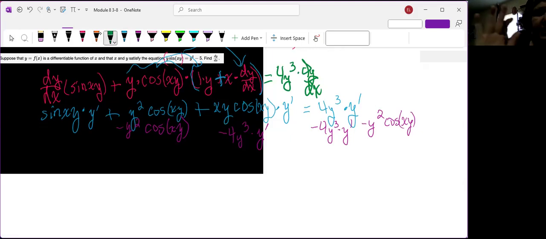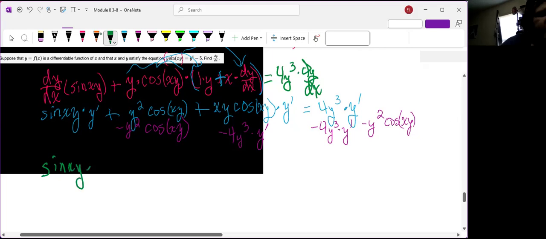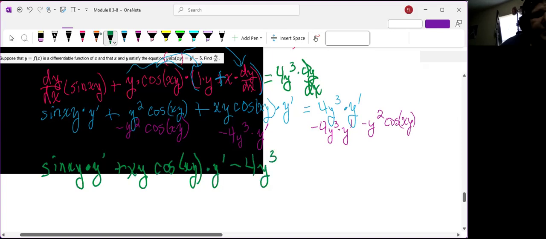All right. So in the interest of writing what we have now, I have sine xy times y prime, plus xy cosine xy times y prime, minus 4y cubed times y prime, equals negative y squared cosine xy.